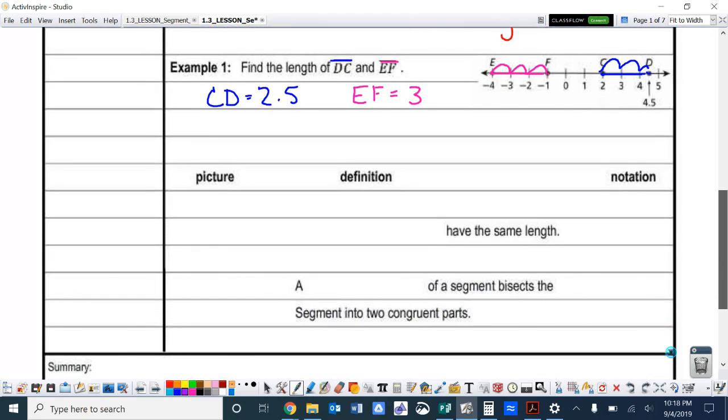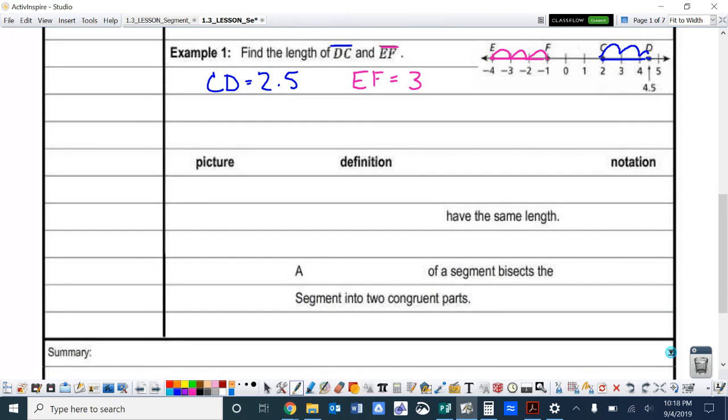But we could be in a situation where we have segments that are the same lengths. So I'm going to draw, to the best of my ability right now, two segments that I'm going to say are the same length. Now we know with segments we have to name the endpoint, so this will be segment WX and segment YZ.